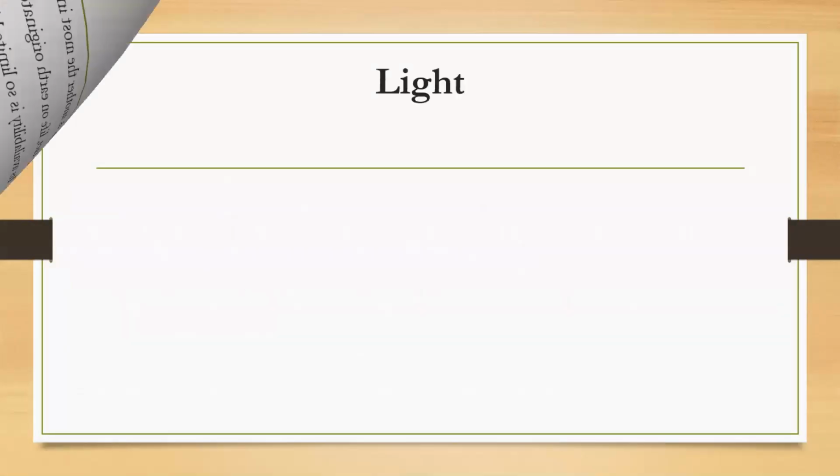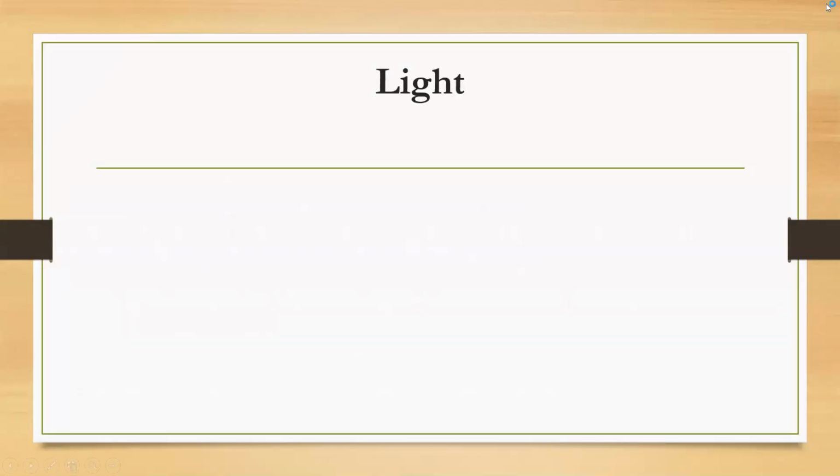The next important factor that determines the distribution of habitats in the biome is light. Light is a source of energy. We have studied photosynthesis in first PUC. Photo means light, and synthesis of organic food happens in the presence of light. The source of energy on earth is light.